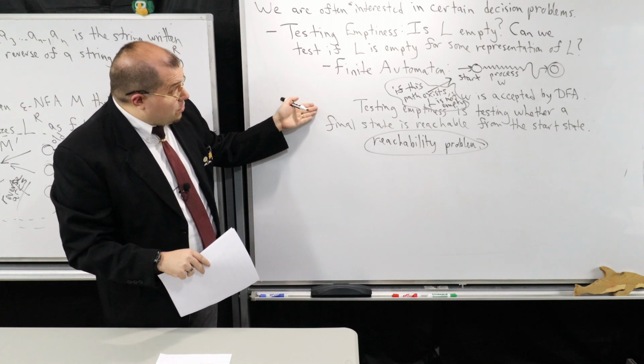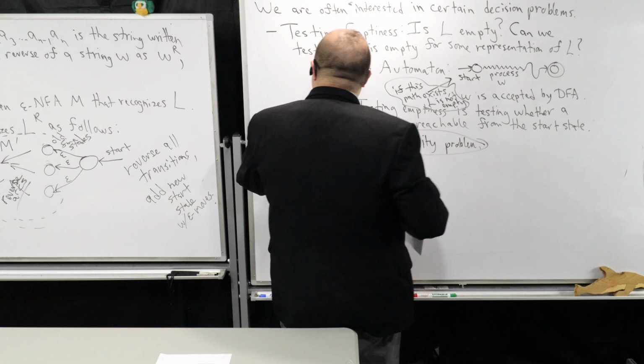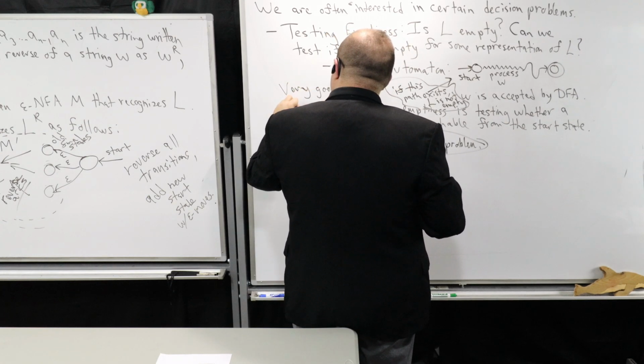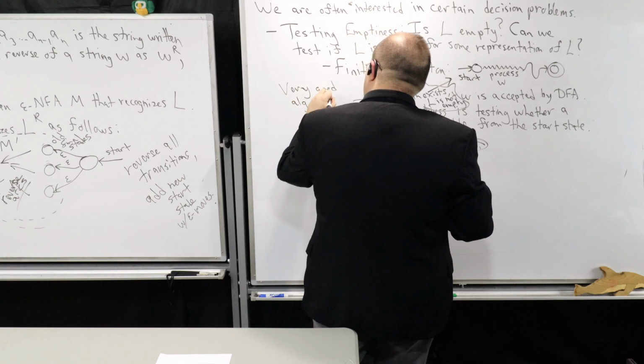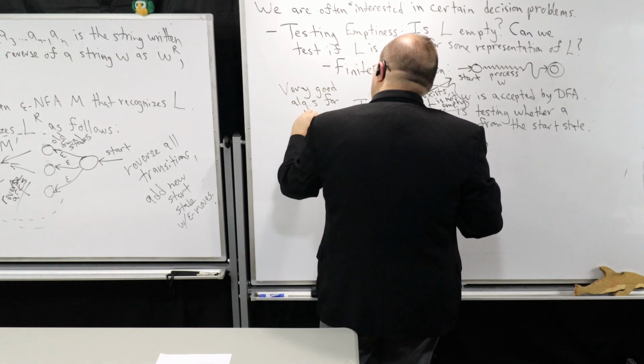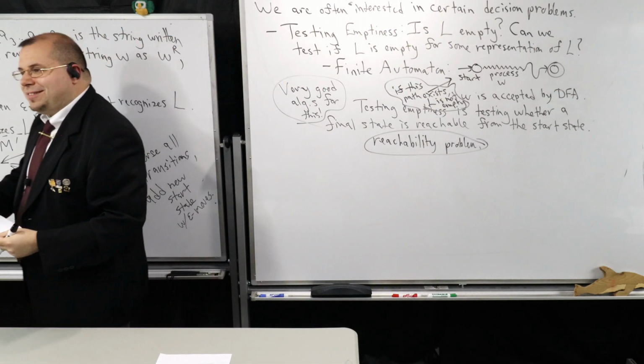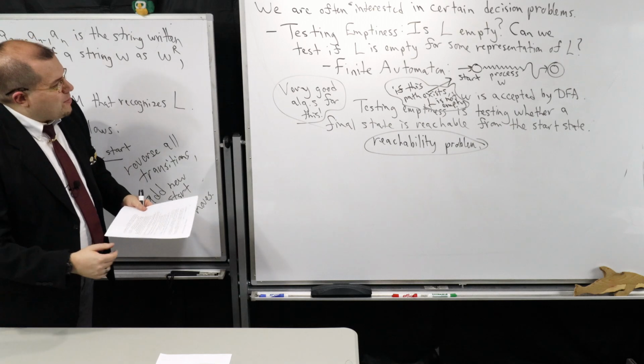And there are very efficient algorithms for doing this. That's the big thing I really want you to know, because there are nice linear time algorithms for this kind of stuff.